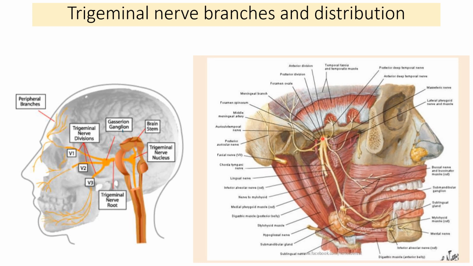Okay, so the trunk is going to divide into a smaller anterior division and a large posterior division, which is mainly sensory. There are muscles supplied by it, but mainly sensory. So the anterior division is small, supplying the temporalis muscle and all muscles of mastication, but the nerve to medial pterygoid is given from the trunk of the mandibular nerve.